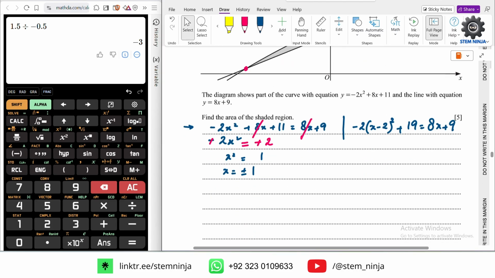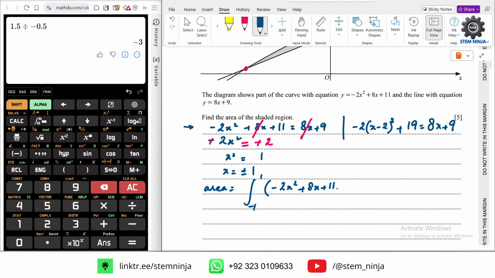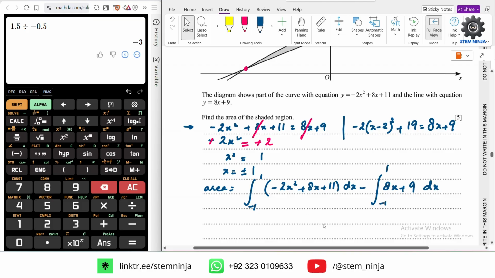between these two regions. So area is from minus 1 to 1 of minus 2x squared plus 8x plus 11 dx minus, actually you could lump them into one integral also, but let me show you first. dx from minus 1 to 1.